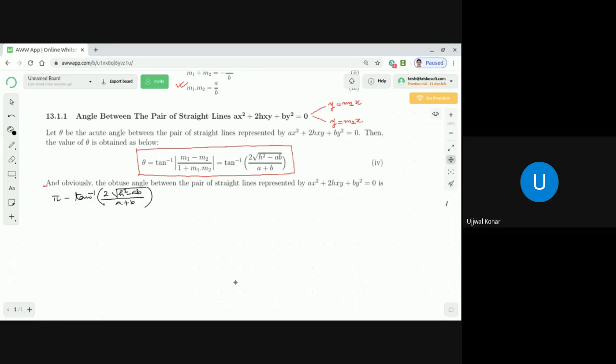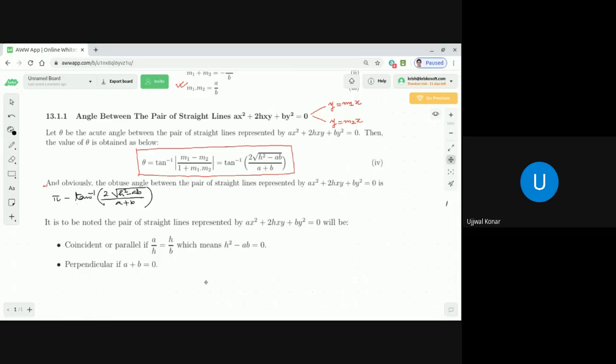So dear students, it is to be noted that the pair of straight lines represented by ax square plus 2hxy plus by square equal to 0 will be coincident or parallel if h square minus ab is equal to 0. And that we can find, theta should be 0, right?